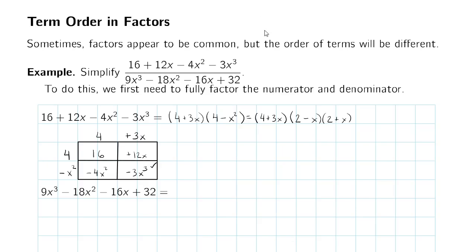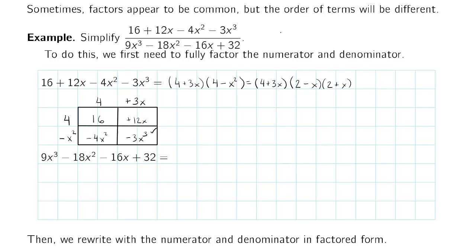What about our denominator now? 9x cubed minus 18x squared minus 16x plus 32. Again, we'll start out factoring by grouping. Taking the terms again in the order they come, 9x cubed minus 18x squared minus 16x plus 32.